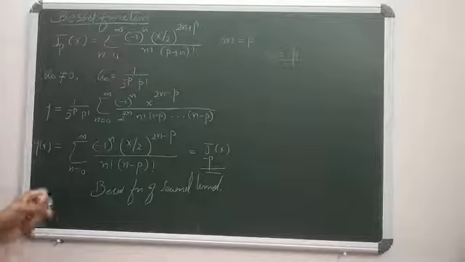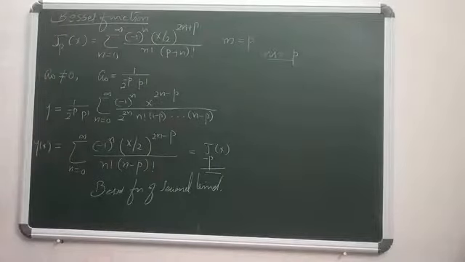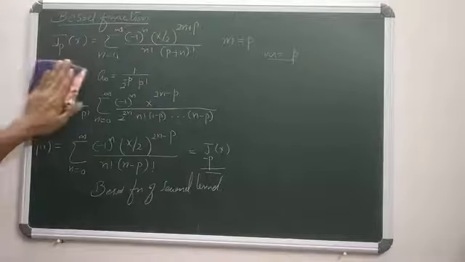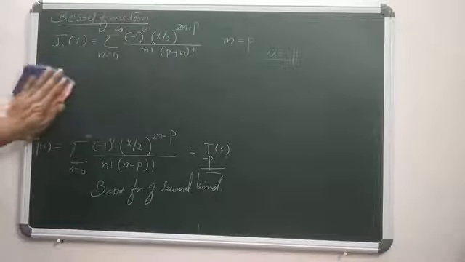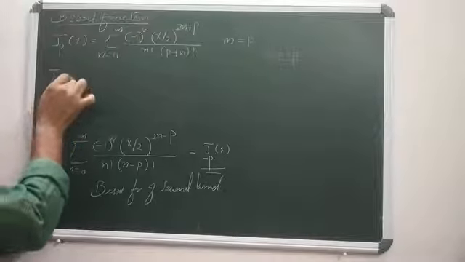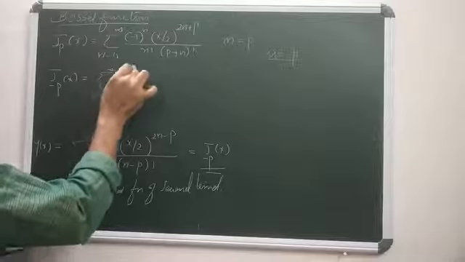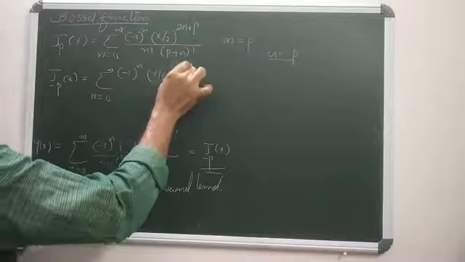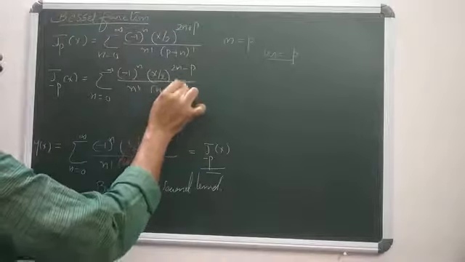Now, is there any relation between them, or is one of them a constant multiple of the other? That's our next task. So here we know J p x. What is J p x? J p x is this one. And what is J minus p x? J minus p x equals, again we write, sigma n ranges from 0 to infinity (-1)^n (x/2)^(2n-p) all divided by n factorial into (n-p) factorial.